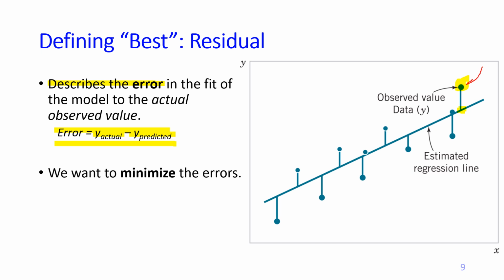This is the y actual, and this is the y predicted, exactly on the line. And then it is obvious that we would like to minimize the error. So the best regression line is the line that can minimize the sum of the errors between all data points and the predicted values based on the regression line.